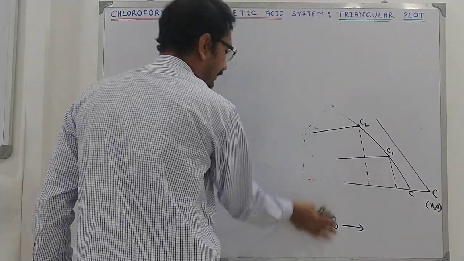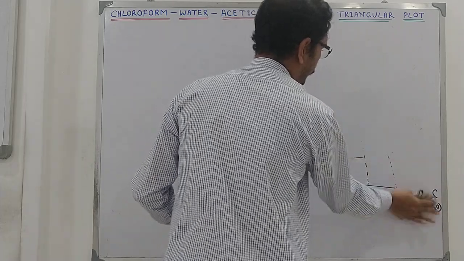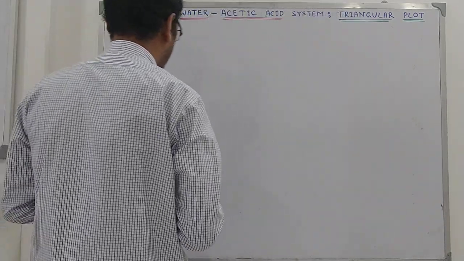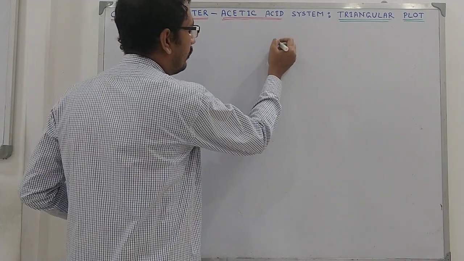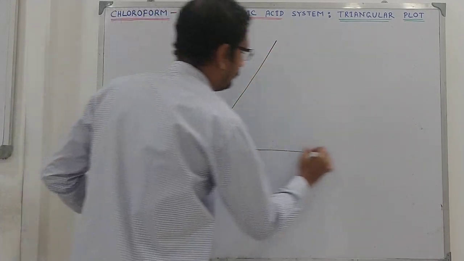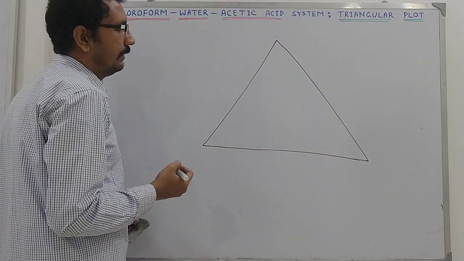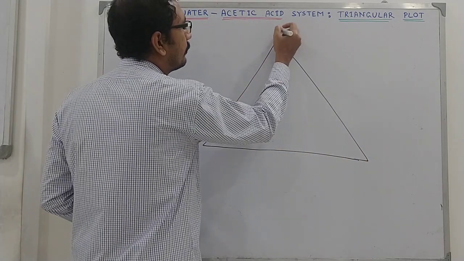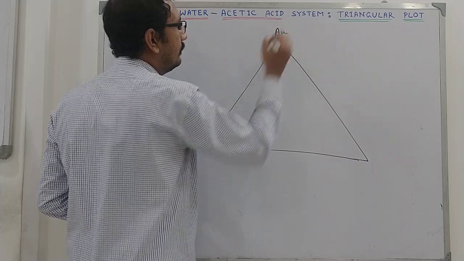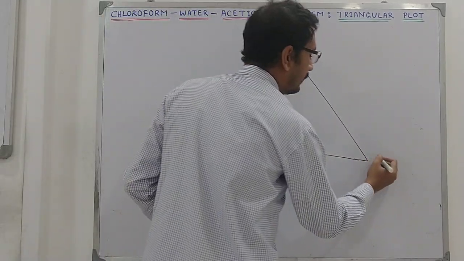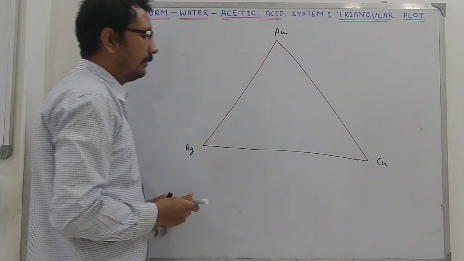That is also an interesting phenomenon. However, that is not included in our syllabus, but we are just studying it for interest. So here say it is gold, here say it is silver, and say here it is copper.